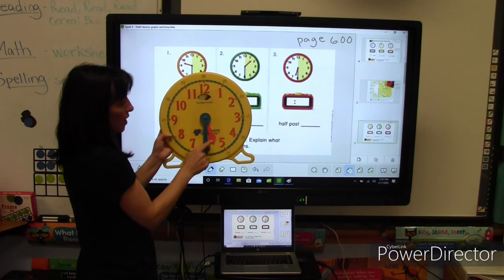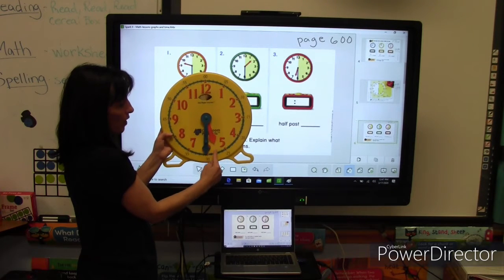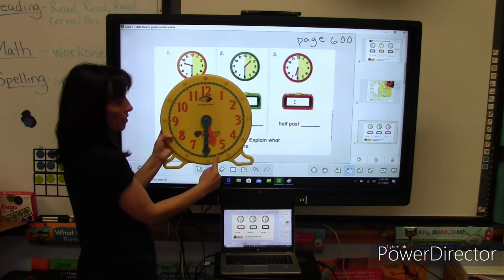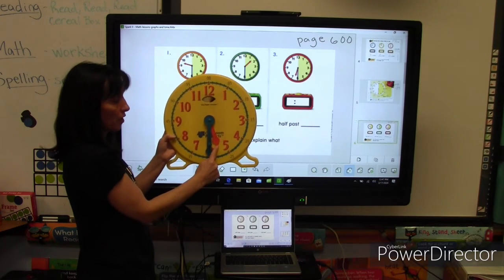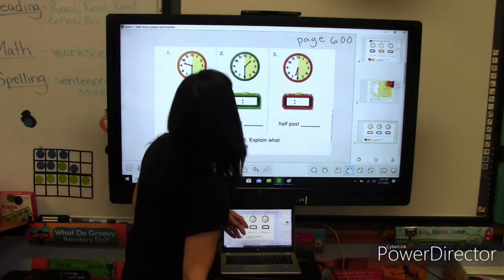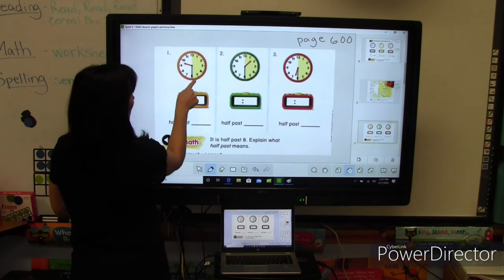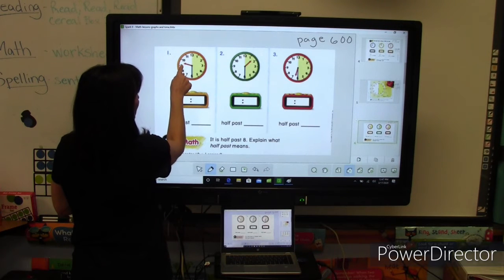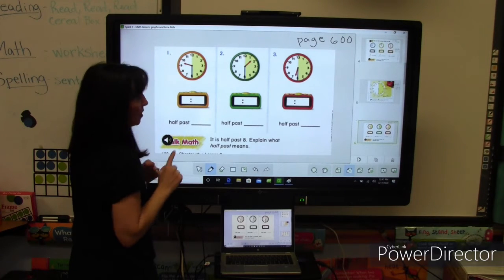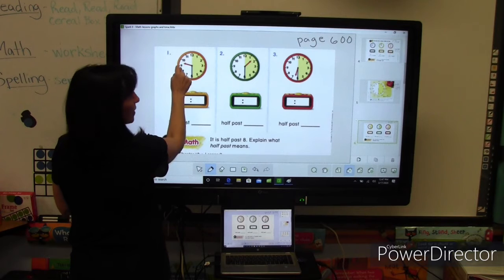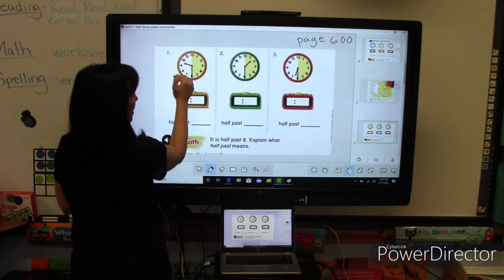But once we got to 5:30, the hour hand went halfway between the 5 and the 6 because we're halfway between 5 o'clock and 6 o'clock. So you'll notice on our analog clock, it's not pointed at the 9, but it's not to the 10 yet. So we're going to go to the 9 because it hasn't gotten to 10 o'clock yet. We have to go back a little bit.